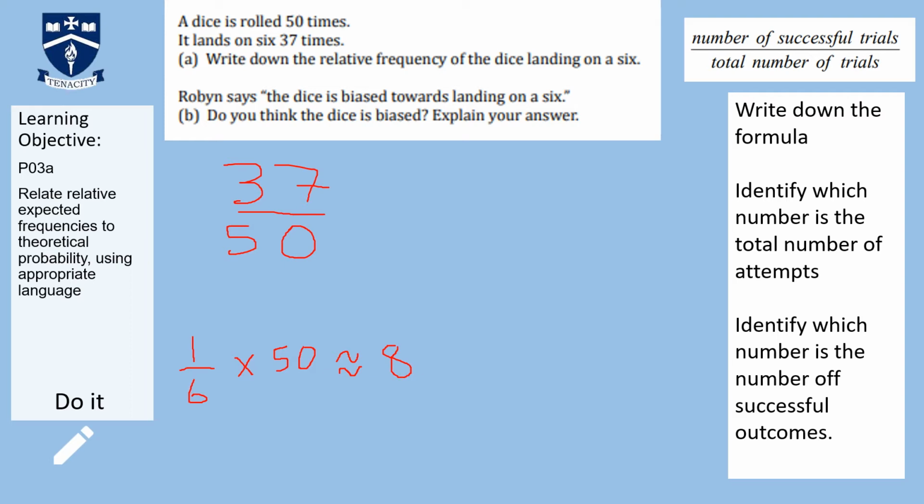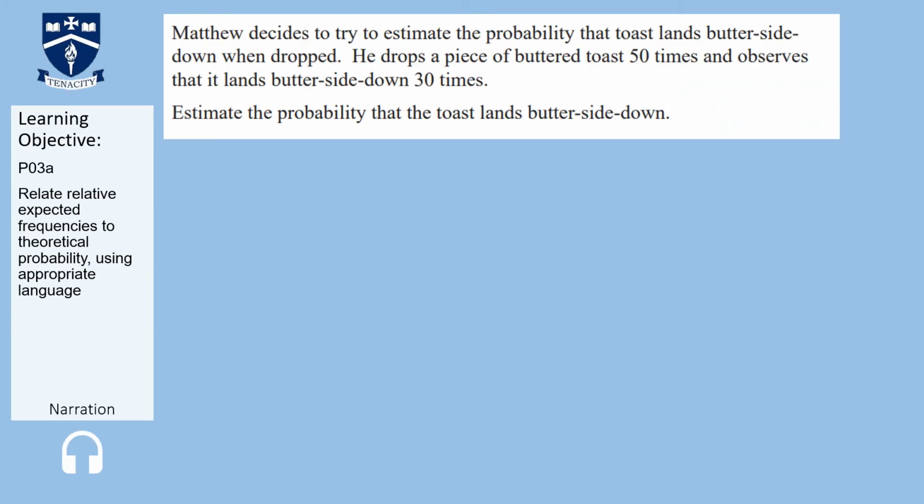I'd be looking to get a 6 1/6 of the time, 1/6 of the 50, so that's roughly 8 times. I've got a 6 37 times, way more than 1/6 of the time, way more than half of the time as well. So I think we can be fairly certain that this dice is biased towards landing on 6.